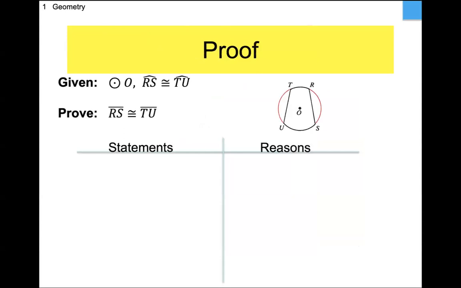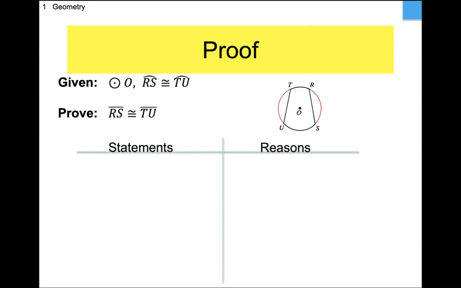We haven't done a proof in a while. So let's see, I've got a circle O. Looks like I've got 2 chords there, TU and RS. I'm sorry, I'm saying this backwards. We will get the converse of this as well too. But I'm given the 2 red parts are congruent, so the 2 arcs that the 2 chords produce.